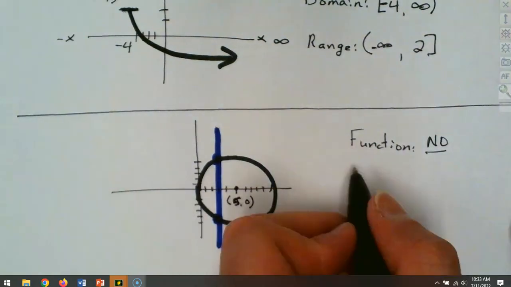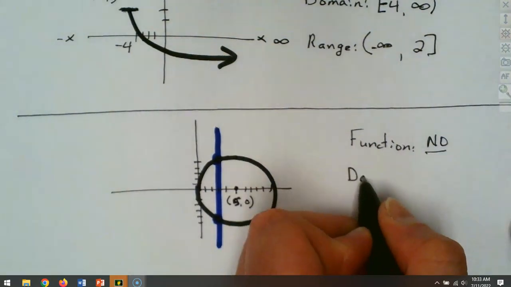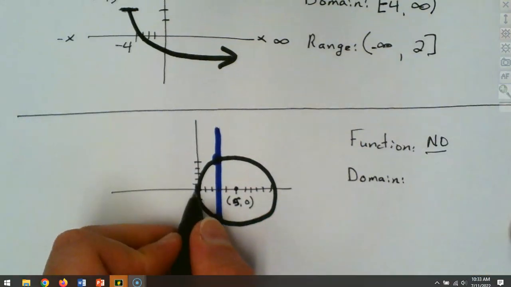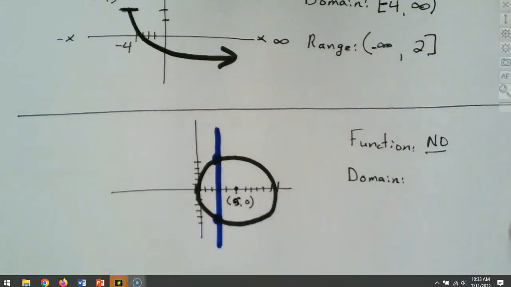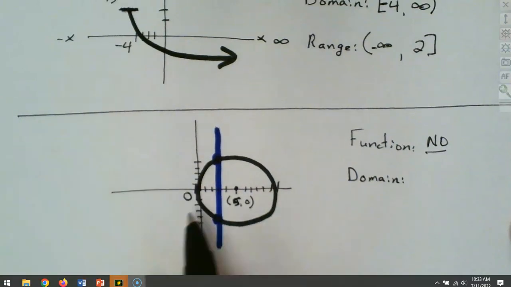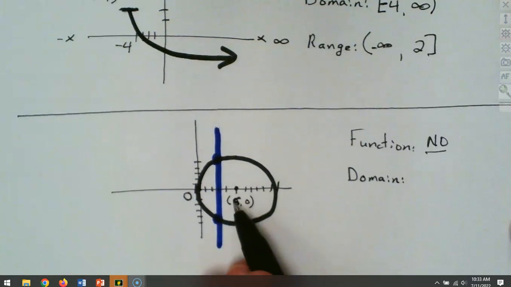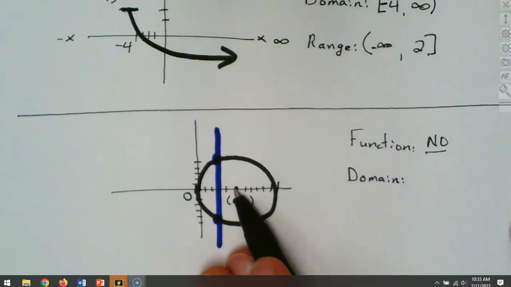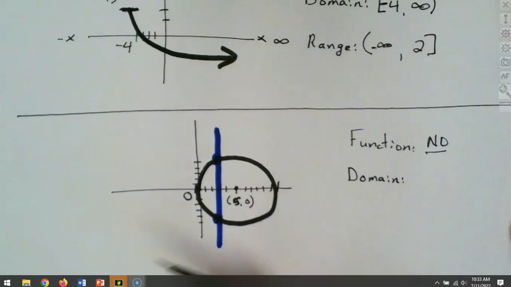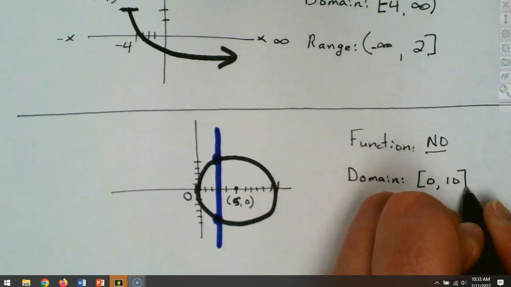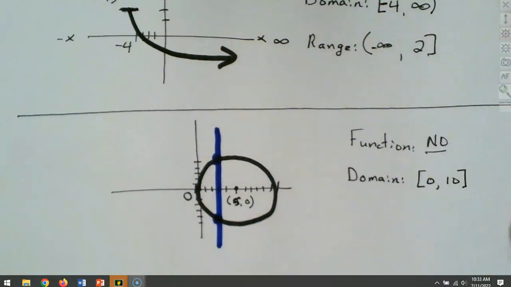Now we look at the domain. And the domain is going to be our values of x. Not the y, the x part. So the domain is going to go from 0, and there's our center at 5, 0. So my radius is about 5 here. So it starts at 0, and it goes over here to about 10. So my domain should be 0 to 10 on the x-axis.